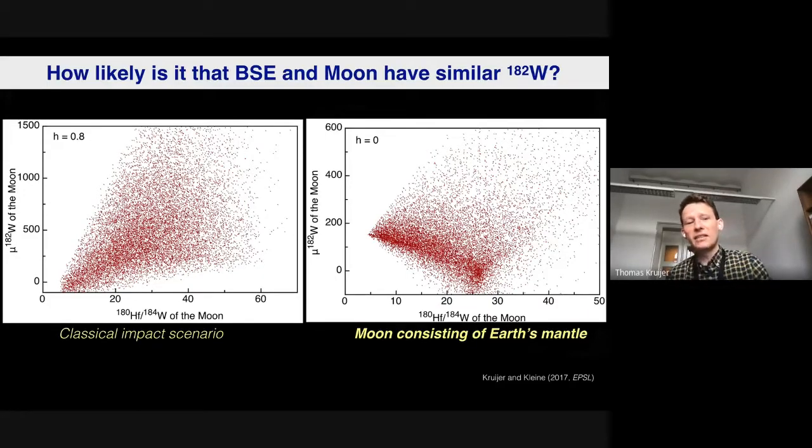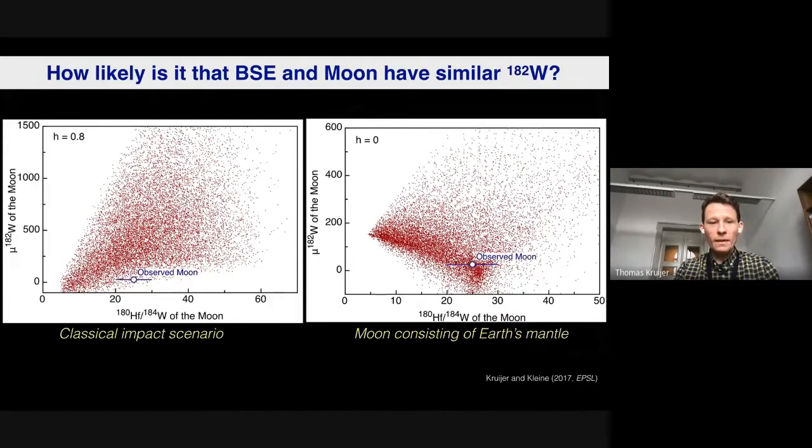And in many cases, a significant excess in 182 tungsten relative to the Earth, which would be here at 0, is produced. If you then plot in the observed Moon, you see that it only plots somewhere along the edge of these distributions. And this is consistent with a very small probability for matching that composition.